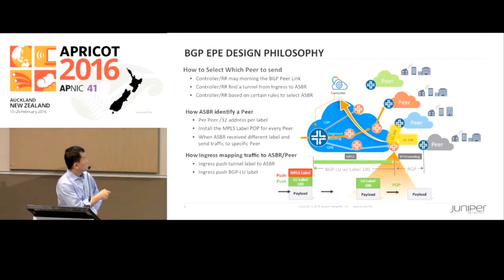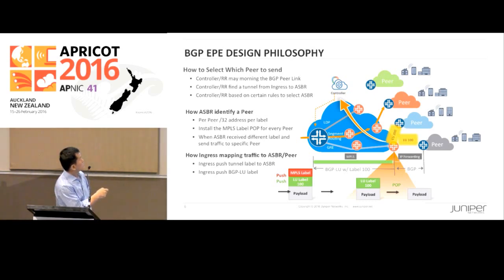Then the most important thing is we leverage the BGP label unicast label to redirect traffic to here. So once you put the traffic into this tunnel and it reaches the ASBR router, there's no IP lookup. That's a very important thing I want to emphasize here later.